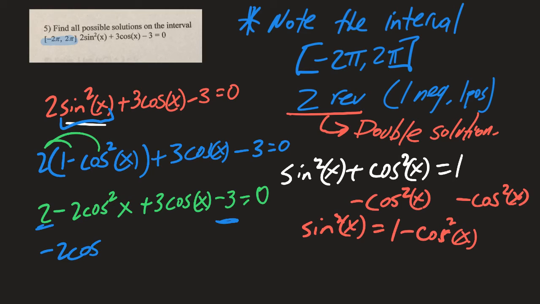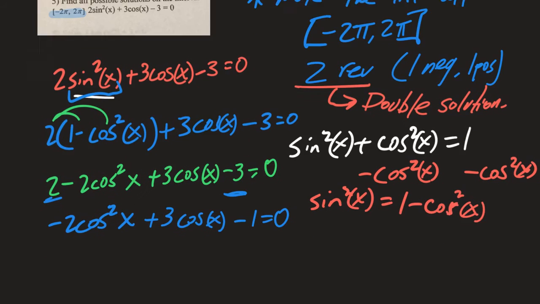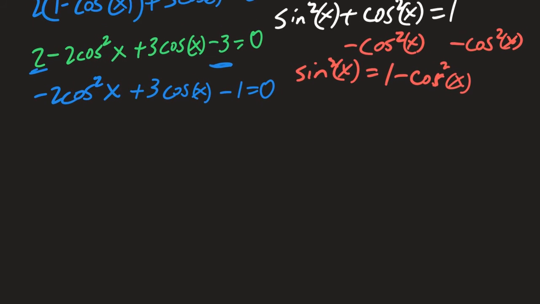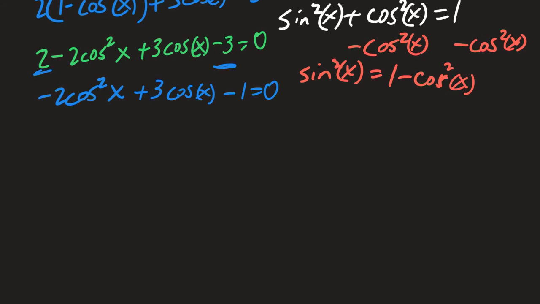Negative 2 cosine squared x plus 3 cosine x minus 1. And now I'm looking at this and I'm going, okay, somehow I'm going to need to break this down further. And it looks like a type of function we've seen before.